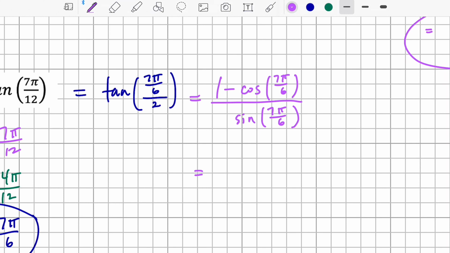So what I need you to look at is pi over 6. 1 minus. Now, the cosine of pi over 6 is square root of 3 over 2. But we are in quadrant 3, so that makes it negative. Negative square root of 3 over 2 divided by 1 minus the sine of 7 pi over 6. It's going to be negative because we are in quadrant 3. So think of pi over 6. So the sine of pi over 6, if you're using the left hand method, remember the left hand? Okay. It is negative 1/2.